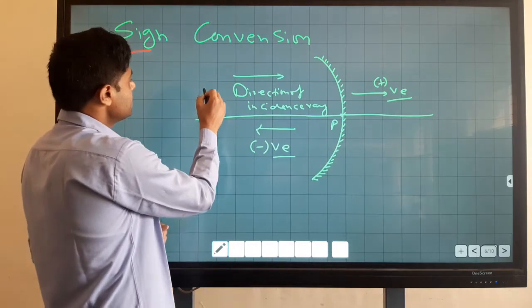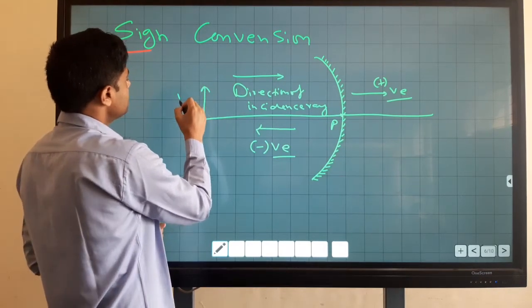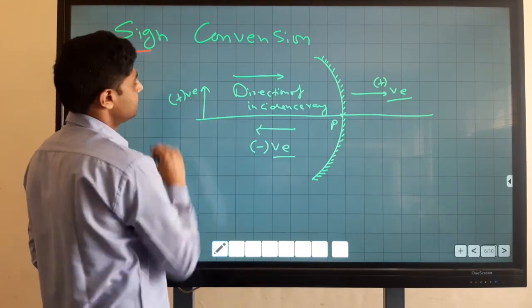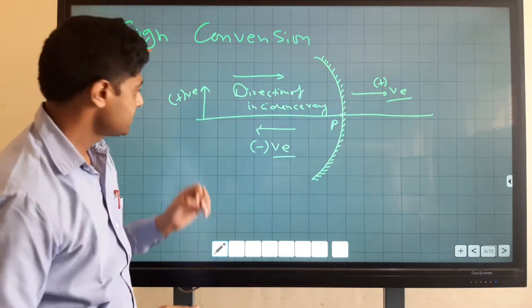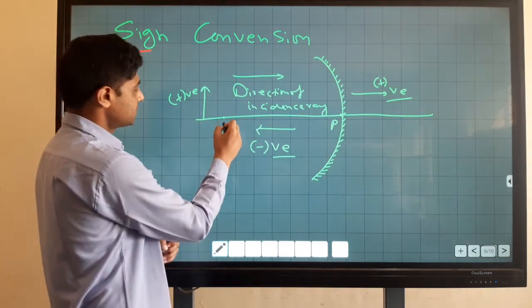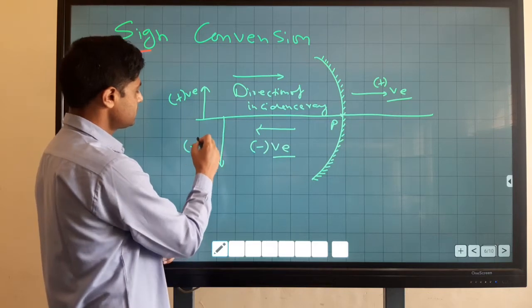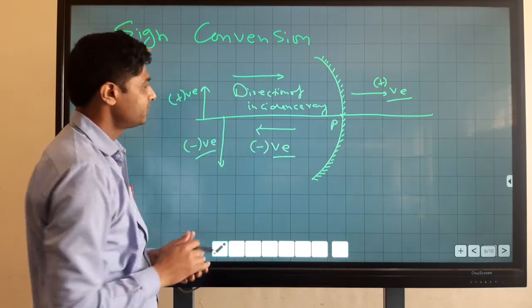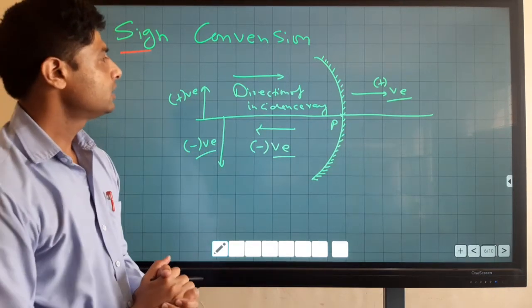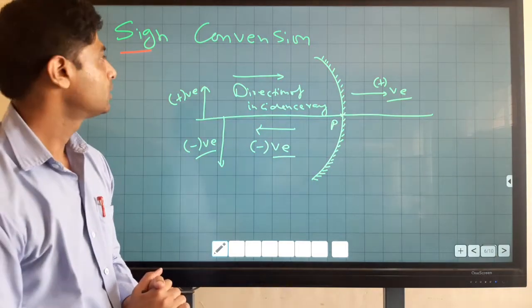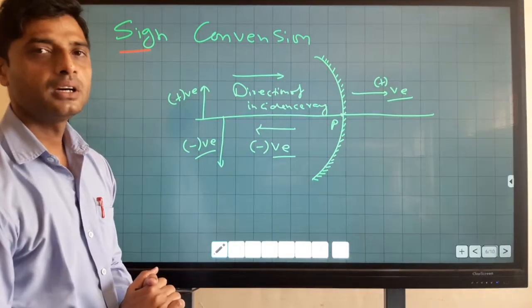A distance measured in the upward direction is always positive, and a distance measured in the downward direction is always negative. This is the sign convention to measure the distance.